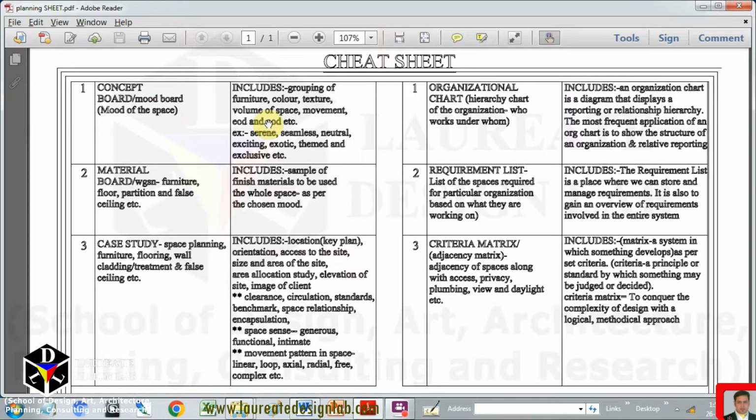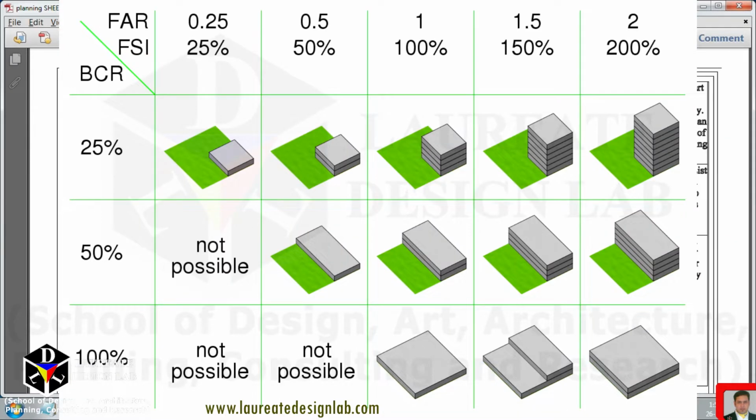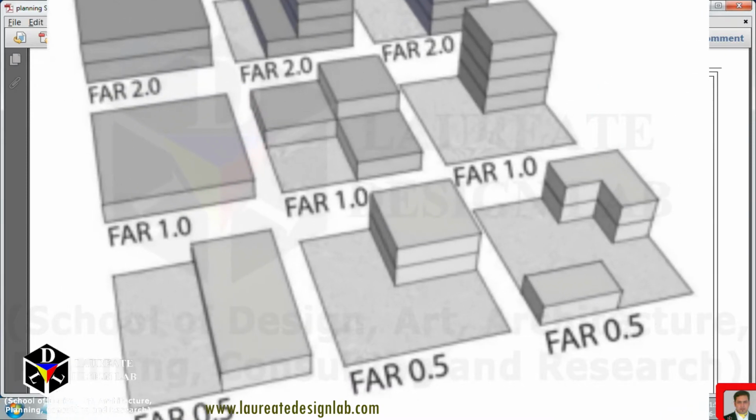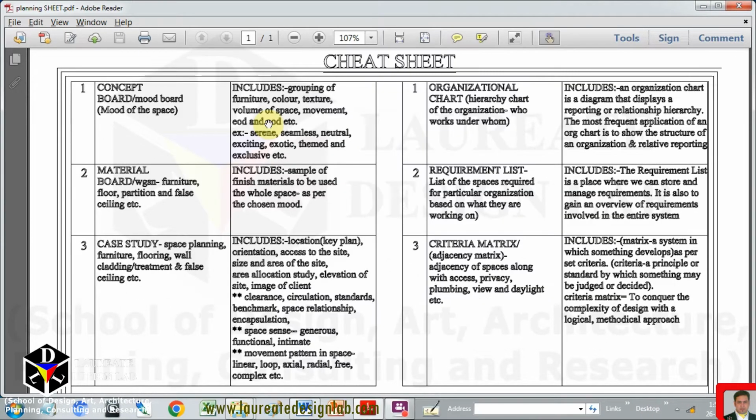But nowadays that is also being limited in the big cities due to the limitations set by the municipal corporation of that city. And that is called what? FAR, floor area ratio. Okay, so this is again very, very important concept, volume of space.